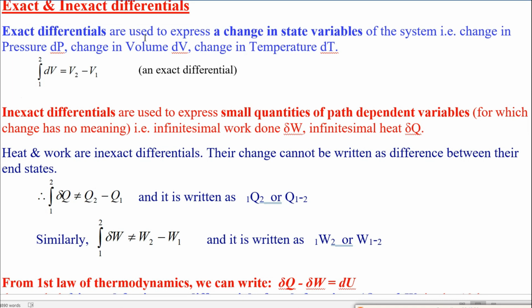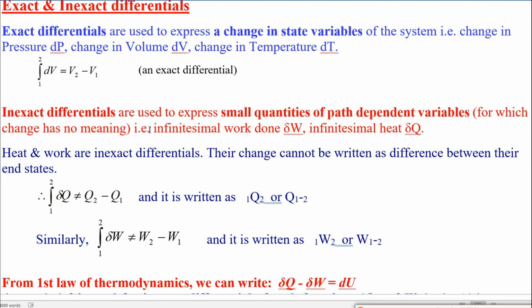So exact differentials are used to express a change in state variables, which are state variables or point functions, that is P, V, T of the system: change in pressure dP, change in volume dV, change in temperature dt. But inexact differentials are used to express small quantities of path dependent variables for which change has no meaning.